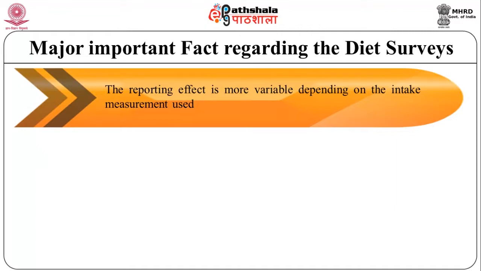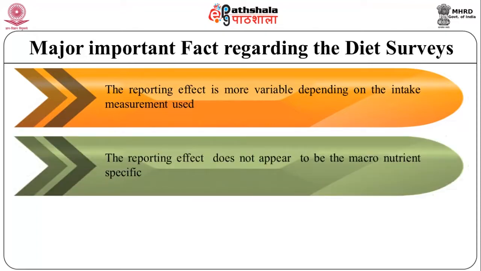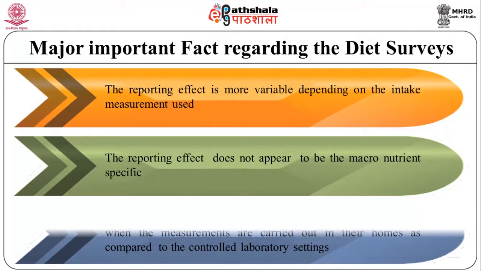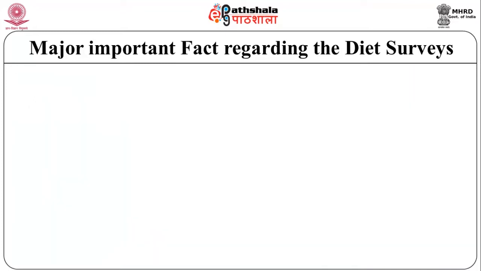The reporting effect is more variable depending on the intake measurement used. The reporting effect does not appear to be macronutrient specific. The misreporting effect is more marked among individuals when the measurements are carried out in their own homes as compared to controlled laboratory settings.